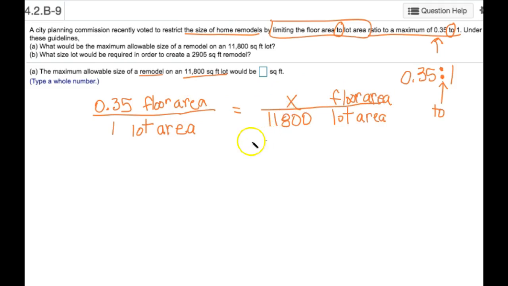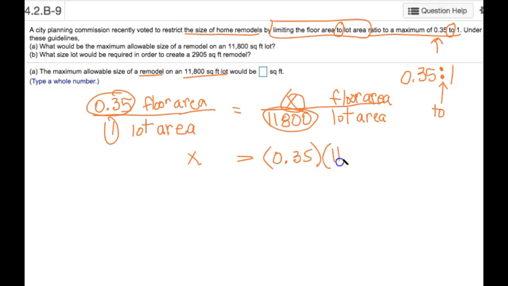So I can put an x there, and then I can just cross multiply. 1 times x would give me 1x, or just x, and then I'm going to multiply the 0.35 and the 11,800 together on this side. Because the ratio had a 1 in front of the x, I don't even have to divide anything.